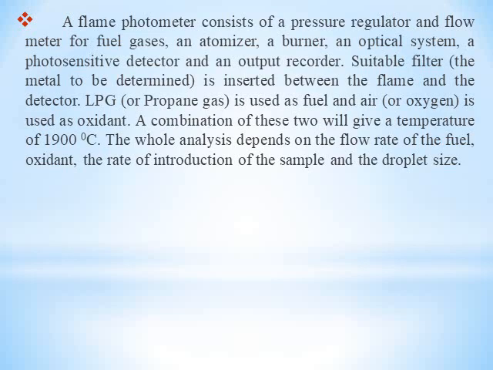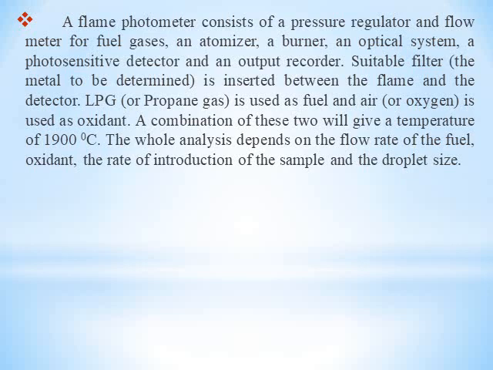Now the procedure, what the flame photometer consists of. A flame photometer consists of a pressure regulator, for aspiration. During the aspiration, vapors are formed, and the paste of sodium chloride or potassium chloride is sent with pressure.